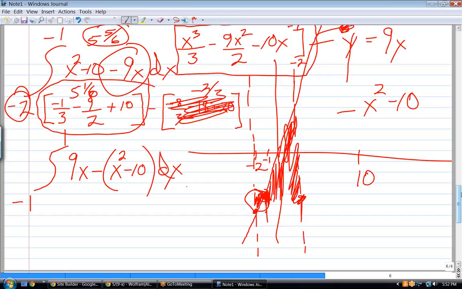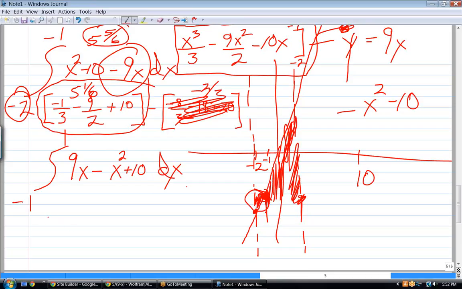All right, good. So now we have to do the same thing for this integral, which notice is not the same function, and it's going from -1 to 1. So first of all, let's get rid of these parentheses. So it turns that into a plus 10.